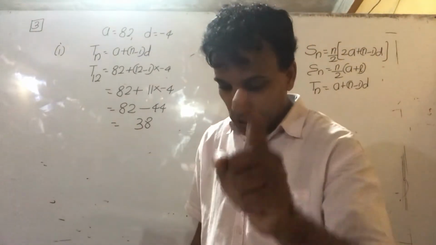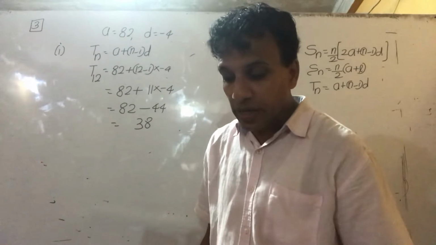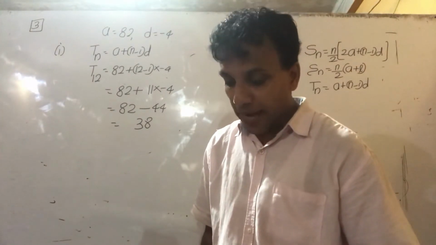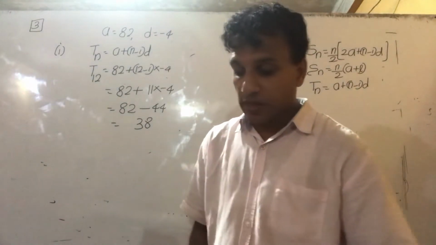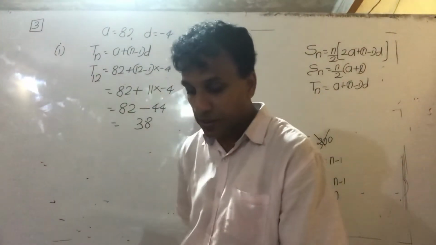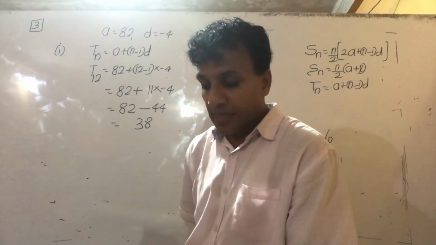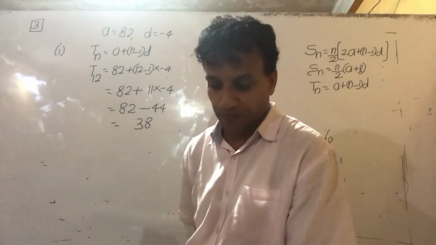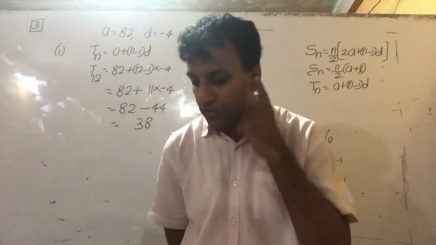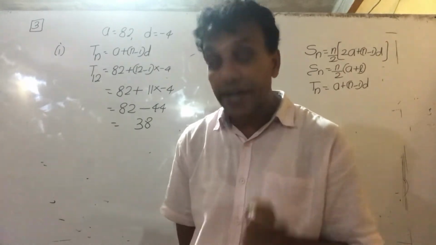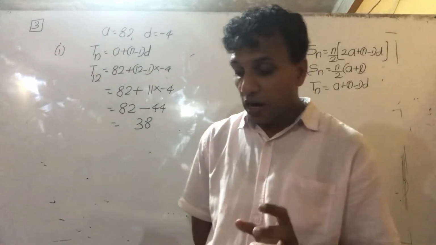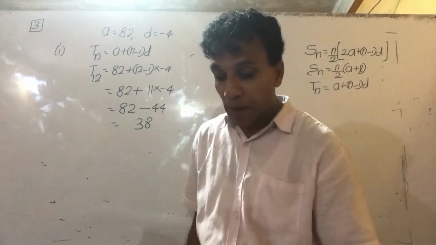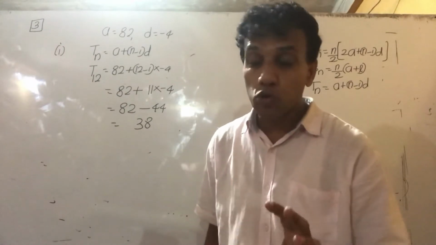Right, second part, write this question. Find the number of terms that need to be added together starting from the 12th term for the sum to be 0.